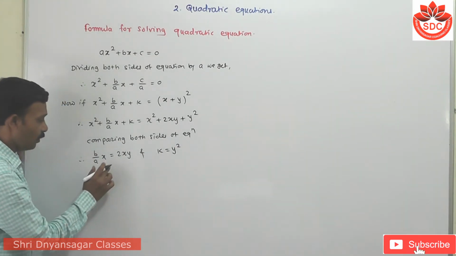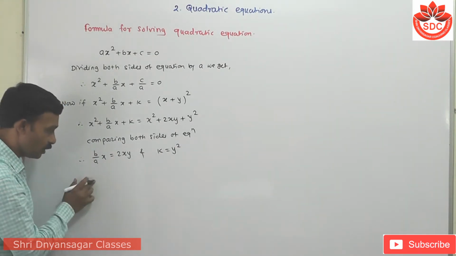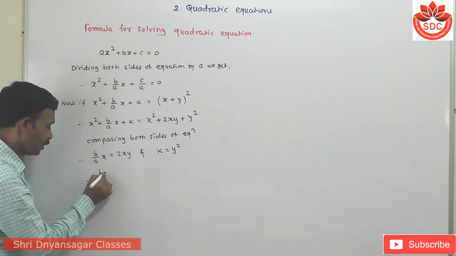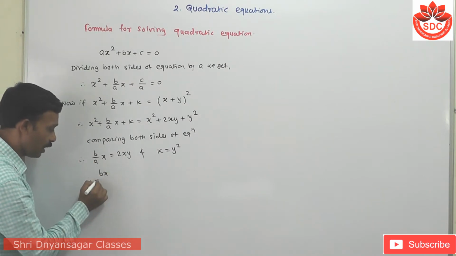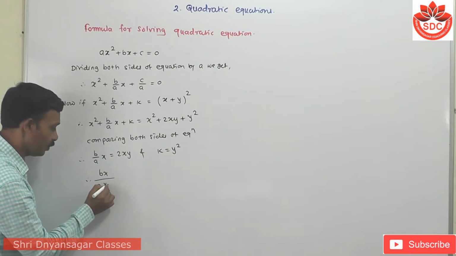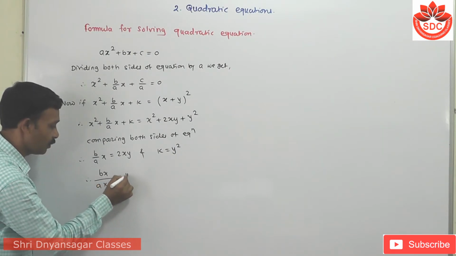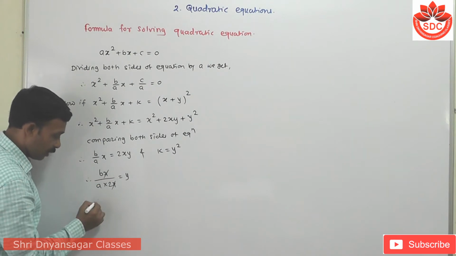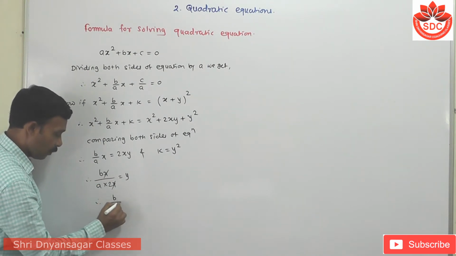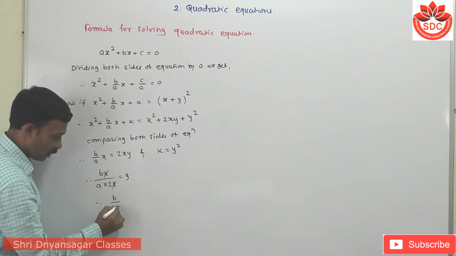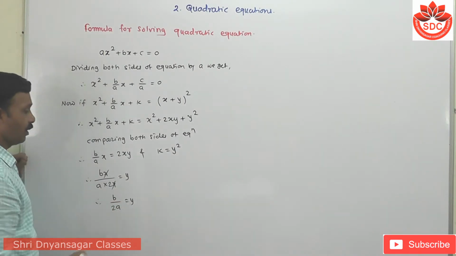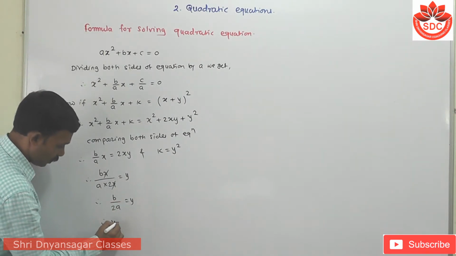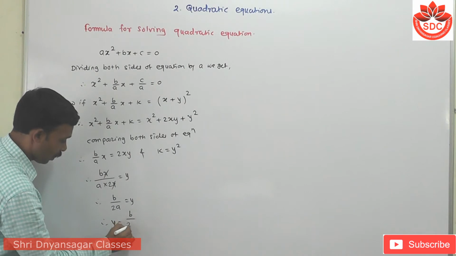Then I transpose the twice x to this side. We get b into x equals a into twice x into y. Then this x gets cancelled. The remaining is b upon twice a equals y. Therefore, y equals b upon twice a.